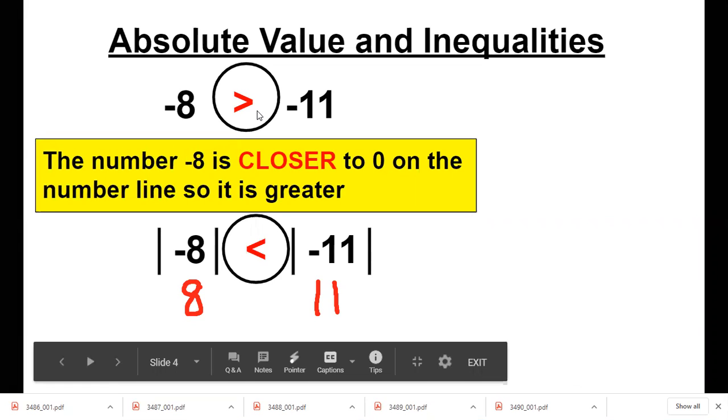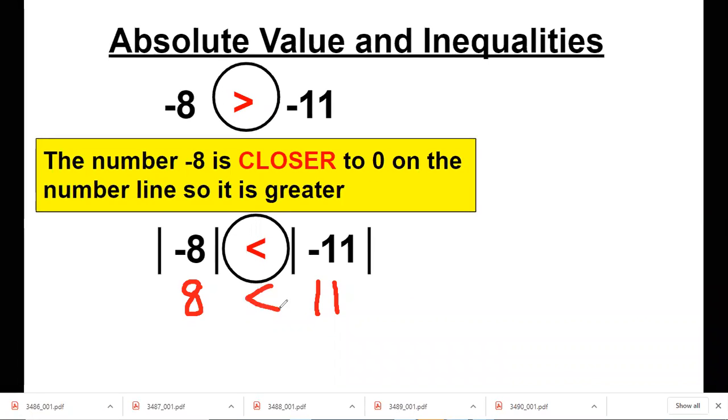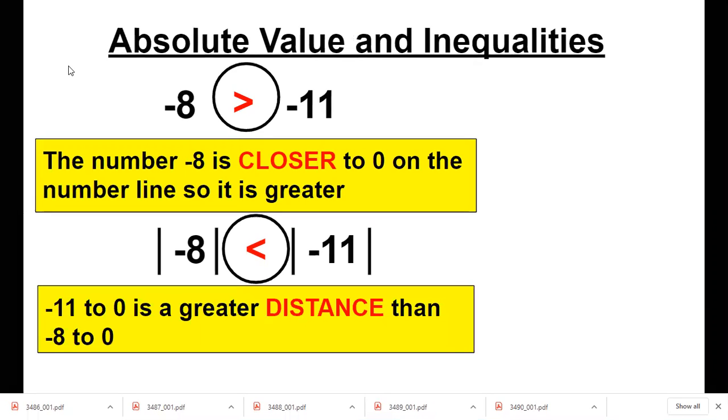So remember, when you get something like this, to figure out the absolute value first and then decide which one's bigger and which one's smaller, because it might mean different things, right? Absolute value means something different. It's a distance, not a number on the number line. -11 to 0 is a greater distance than -8 to 0. Okay?